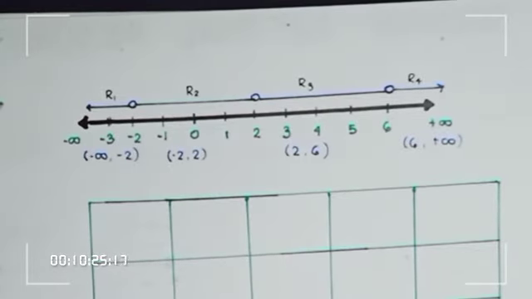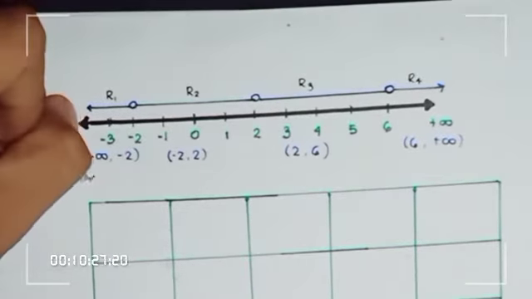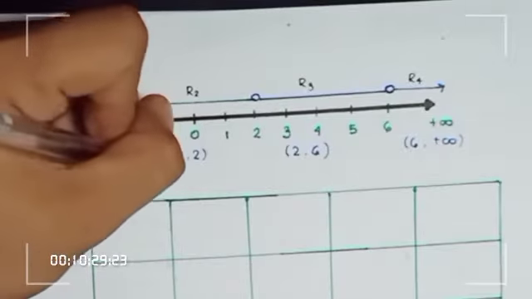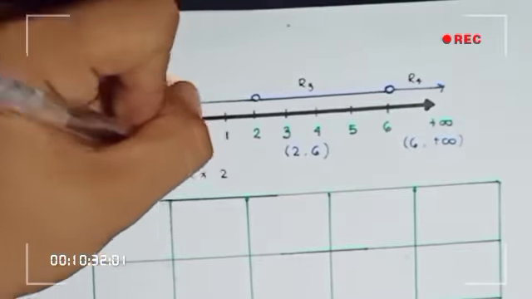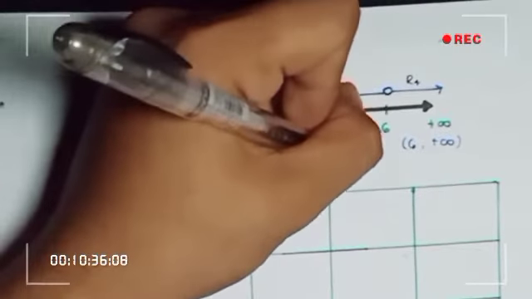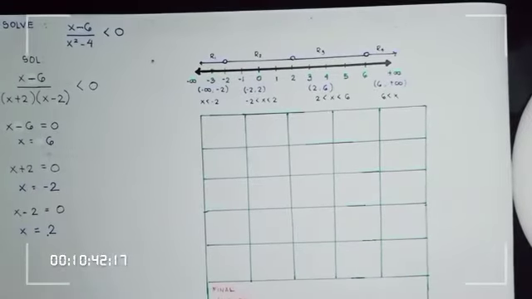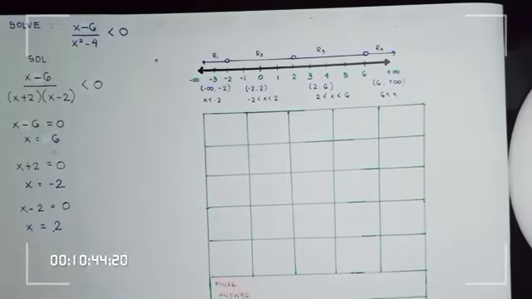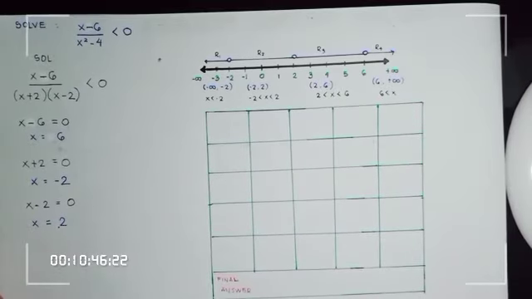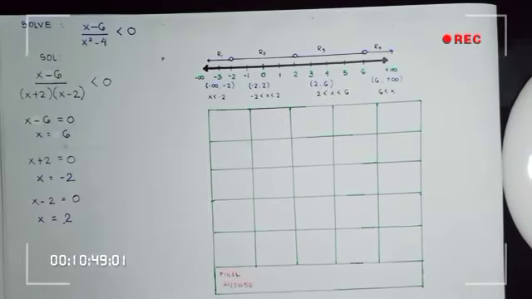Or in rule form, we have x less than negative 2. X greater than negative 2 but less than 2. X greater than 2 but less than 6. And x greater than 6. Again, putting the 4 regions in the columns.